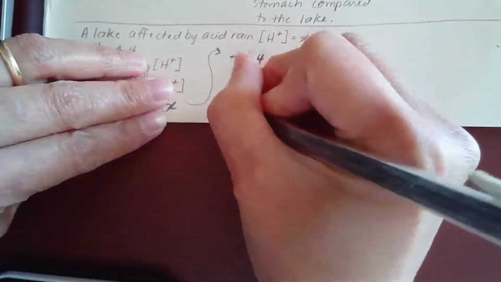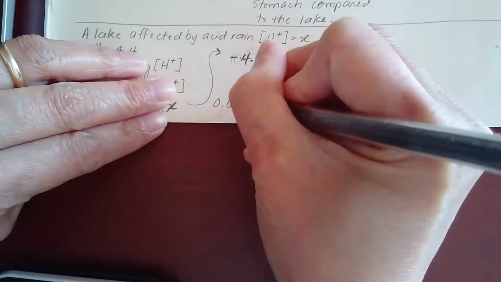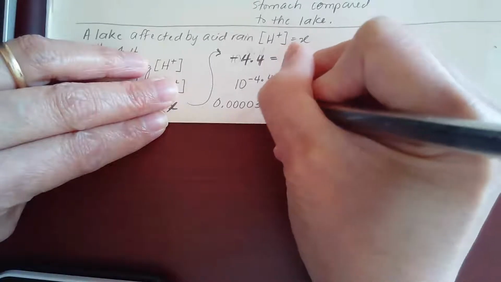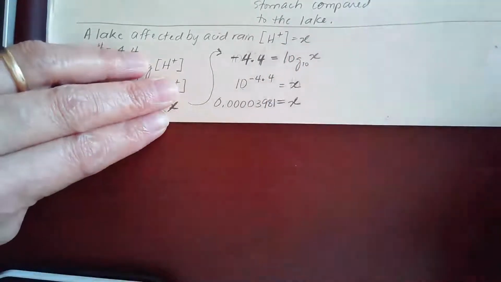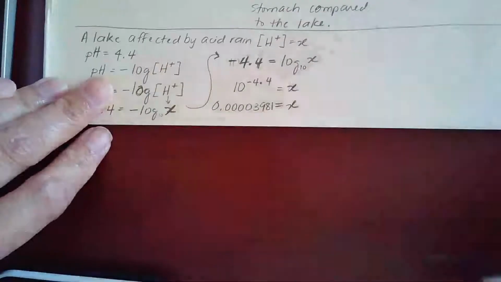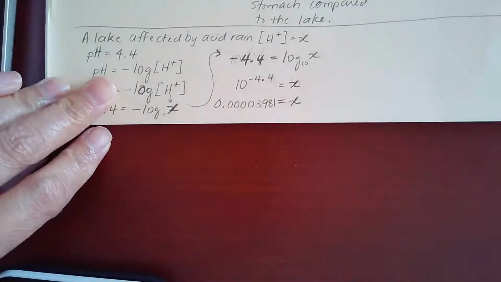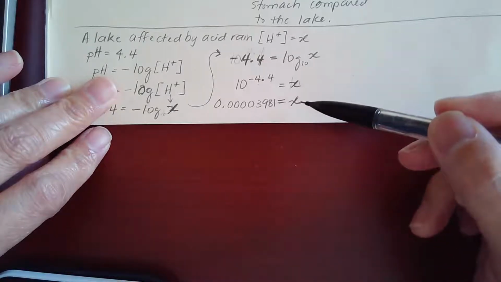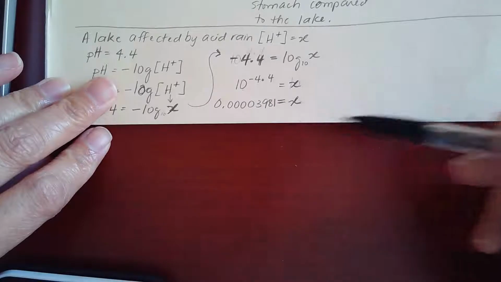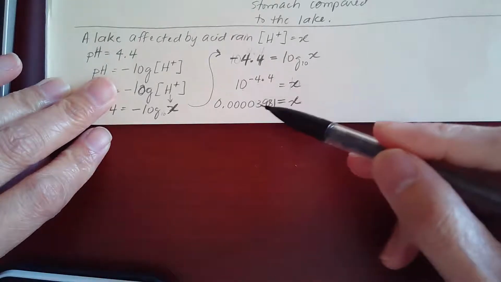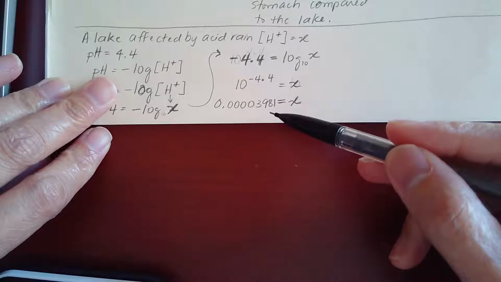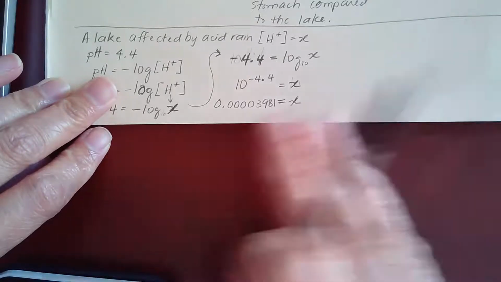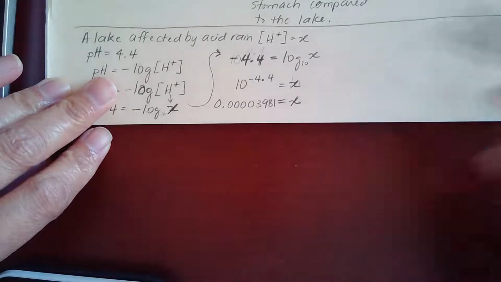You get 0.0000398... Now, this is going to be used in chemistry. Like I mentioned yesterday, this is a type of chemistry question. With your chemistry question, because it's such a small number, you would have to change that into scientific notation form. But this is not science.